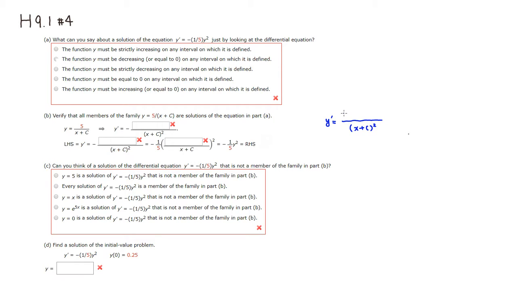Derivative of 5 is 0 times the bottom, which is just quantity x plus c, minus the top, which is 5 times the derivative of x plus c, which is actually just 1, right? So you can see that the first term is going to be just 0, right? So it's a negative 5 on top and quantity x plus c squared on the bottom. So we know that this is going to be negative 5.